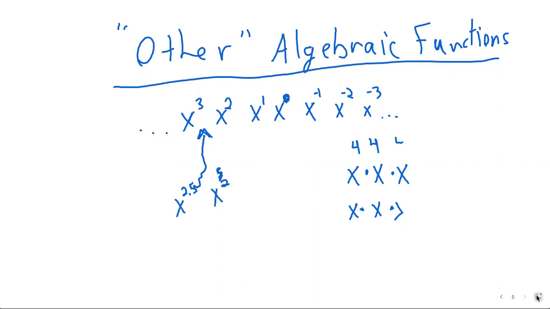And I want you to notice something weird with me. First off, recall something, or maybe you've never seen this before, but recall something with me about powers of numbers.